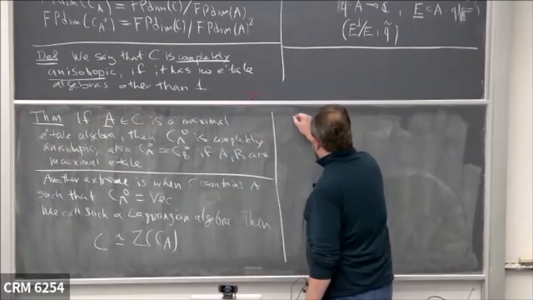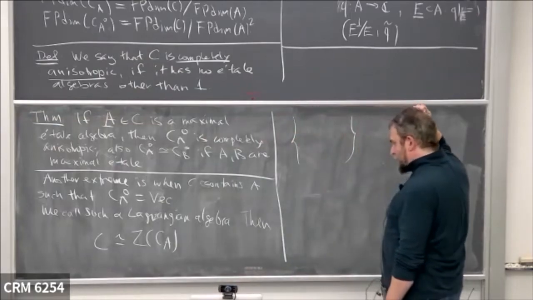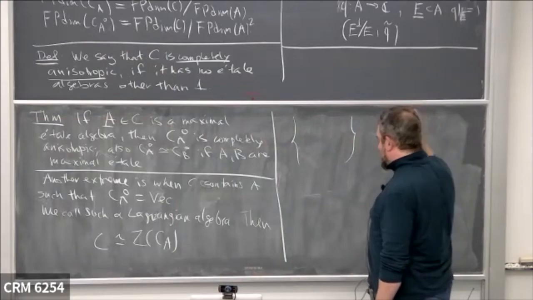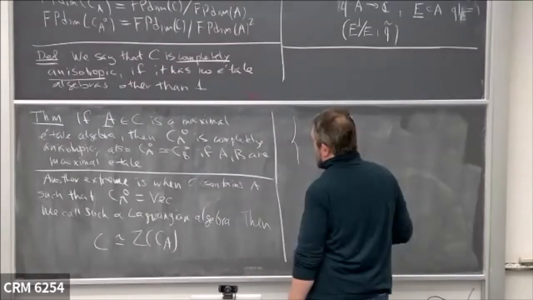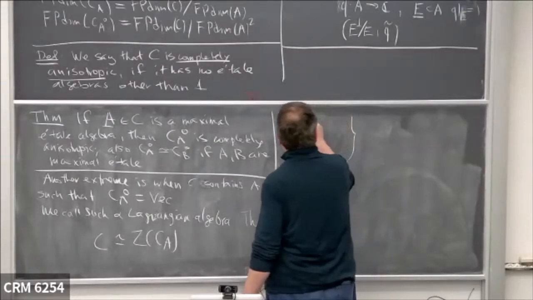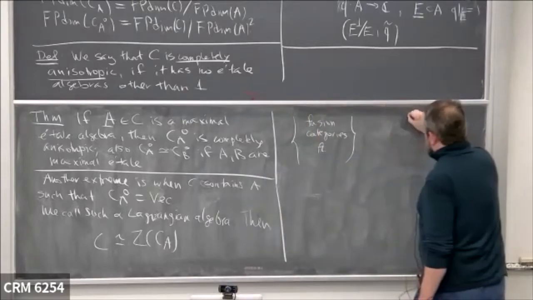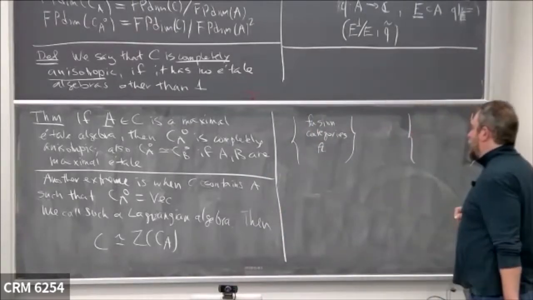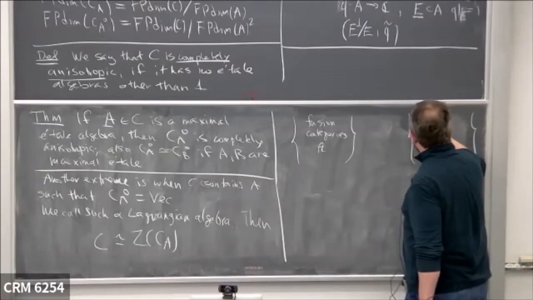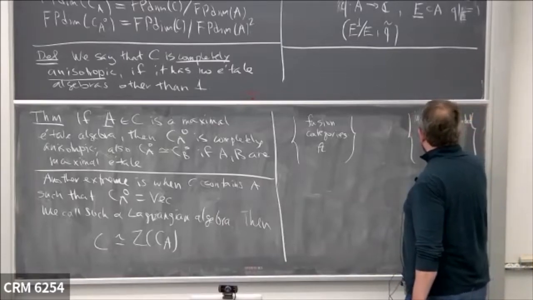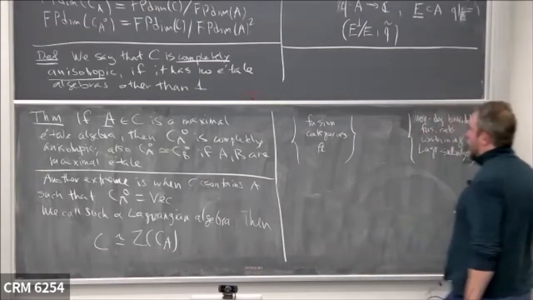I stated it as a bijection between two classes of things. On one hand side, I'll have just fusion categories. On the other side, I will have braided fusion categories, non-degenerate, containing a Lagrangian subalgebra.